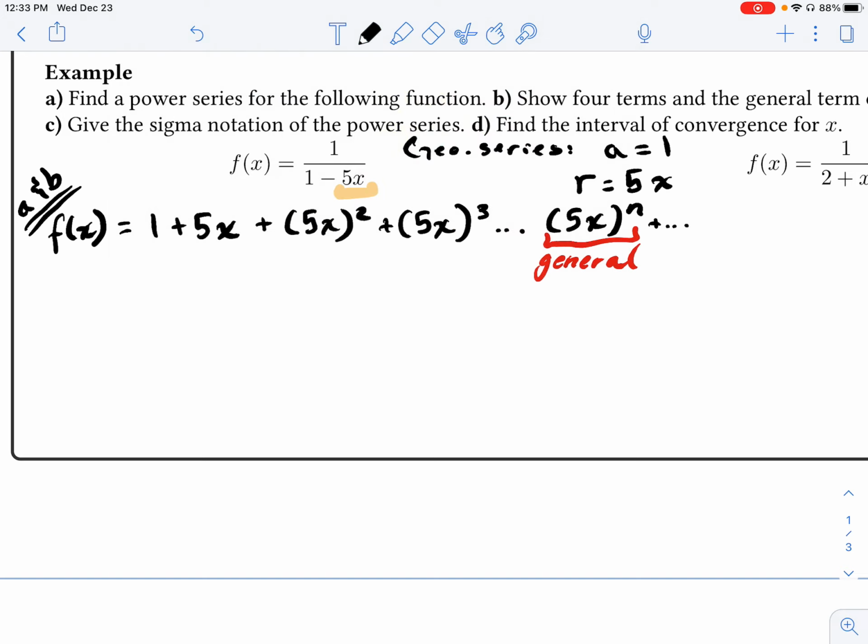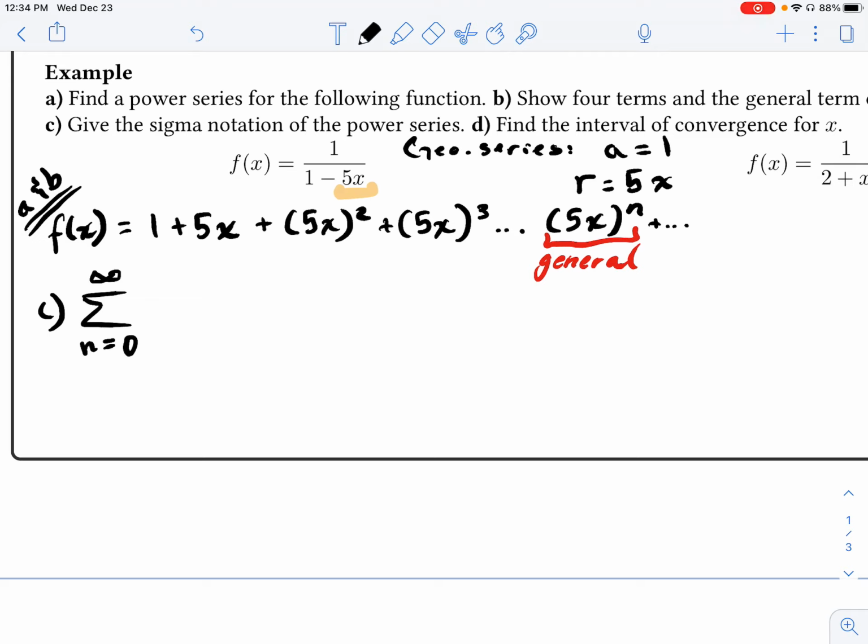Okay? So now let's express this series in sigma notation. Once you have your general term, this is pretty easy. We're going to say it's the summation of, starting with n equal to 0. I don't care too much whether you start with n equal to 0 or n equal to 1. That's obviously going to change your general term, but it doesn't matter as long as it still works with the series.